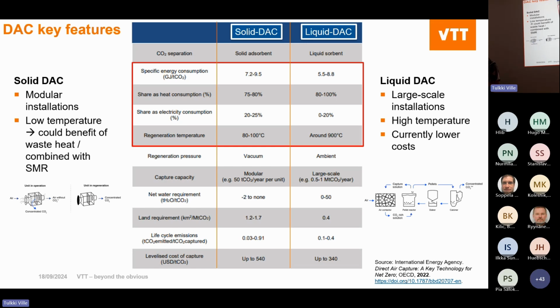So you can see here the price would be from 300 to 550 US dollars per ton of CO2 captured. And this could be compared, for example, to the price in the current emission trading system, where the price of a ton of CO2 is around 80 to 100 euros. But we will see how the price of these technologies will then develop in future.